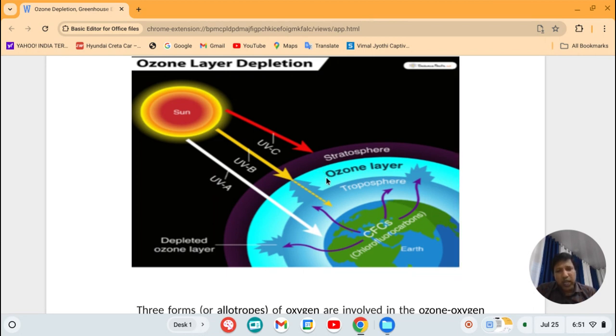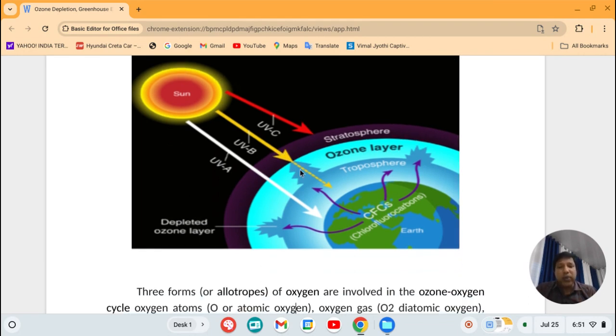When this ozone and O absorb UVB light, O2 will again be formed. Then that O2 will move upwards. Here O2 will absorb UVC and O and O3 will be formed. Then that O and O3 will come downwards, absorb UVB, and again form O2 and move upwards. So that is what is happening.